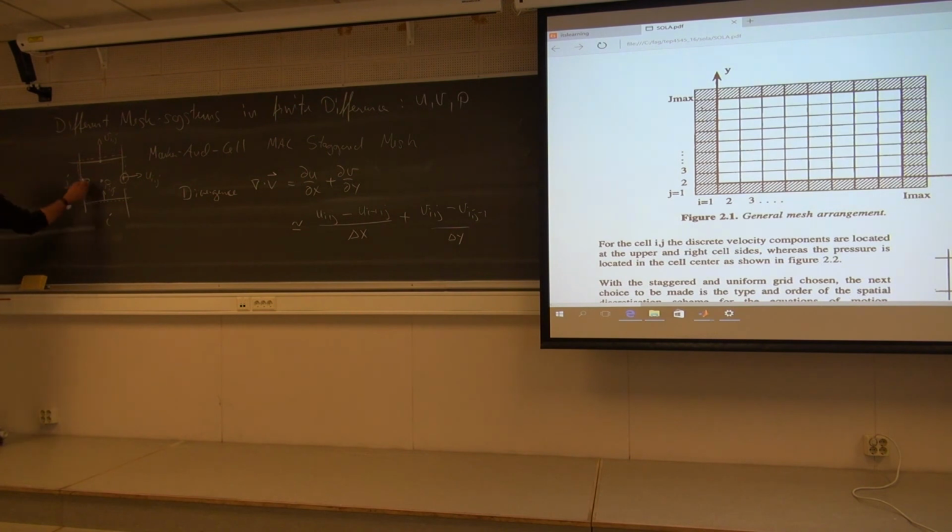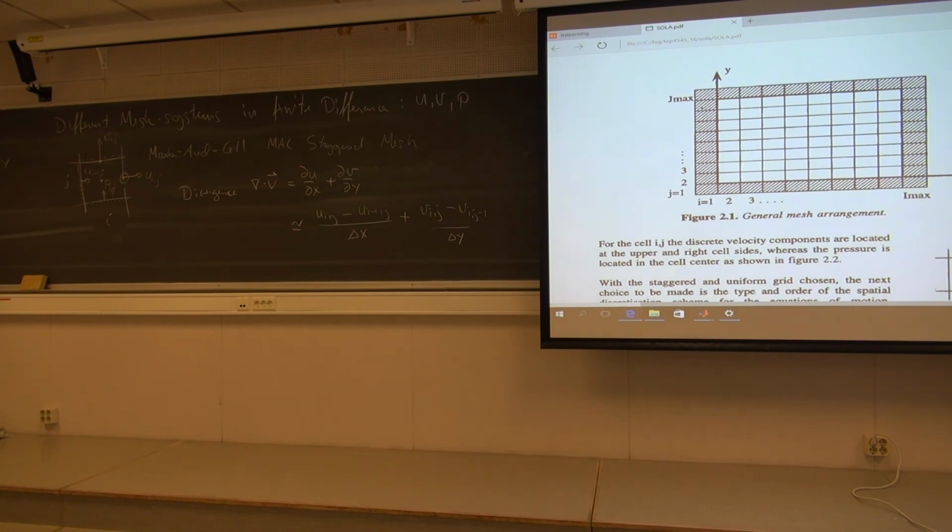Ui minus 1, that's this one. If it is positive, then it will represent volume flow into the volume. That means it's negative. I minus 1j working on the same area. And then the same in the y direction. What goes up?